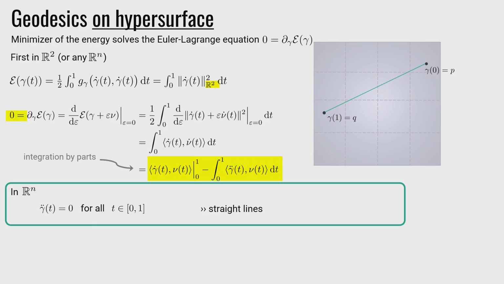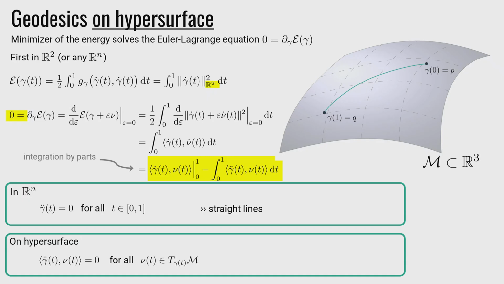So now if we would move to a hypersurface, so a curved manifold, then this can't be true any longer because a straight line wouldn't be on this manifold. So there has to be something else. And what actually comes out is that in this case, your second derivative is not vanishing completely, but it's vanishing in tangential directions, which you can also see from the variational formula, if you like.